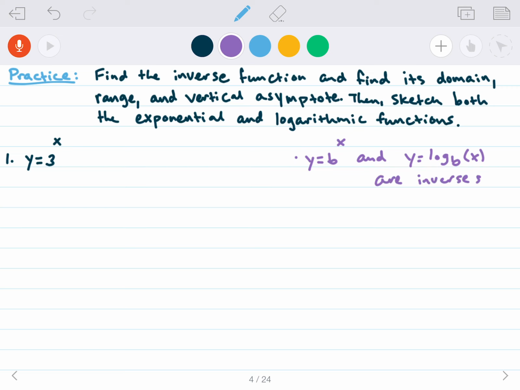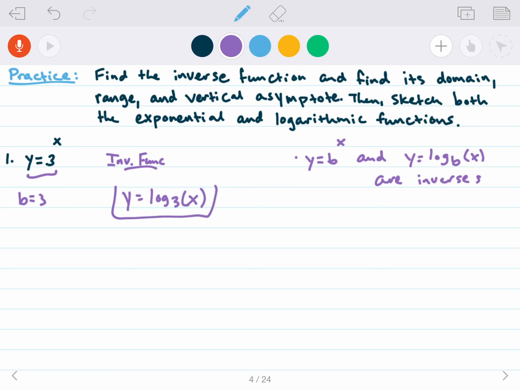So we're given y equals 3 to the x. Well, what's our b? b is equal to 3. And so the inverse function has to be of the form y equals log base b of x, which is 3. So the inverse function is just going to be y equals log base 3 of x.